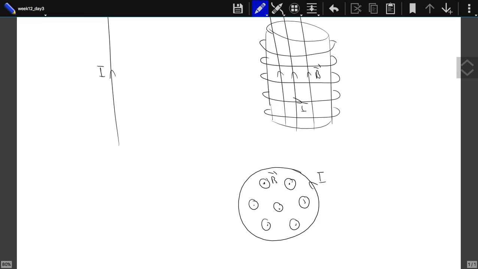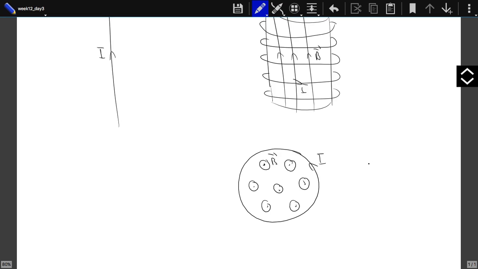And suppose you try to increase the current. Well, how you do it, you have a battery, you just increase the voltage of the battery. You add another battery, etc. You try to increase the current.